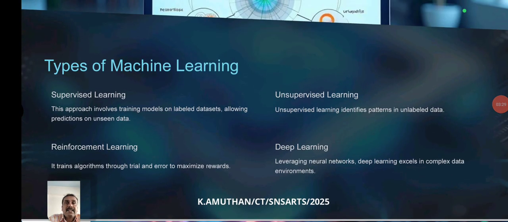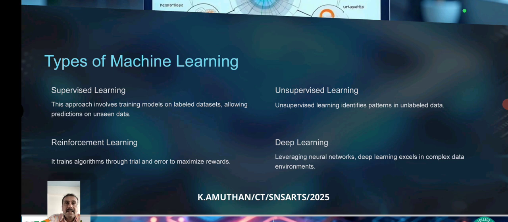The next one is the types of machine learning. How is machine learning used in big data or data mining? Supervised learning involves training models on labeled data sets. Unsupervised learning identifies patterns in unlabeled data; labeled data and unlabeled data.